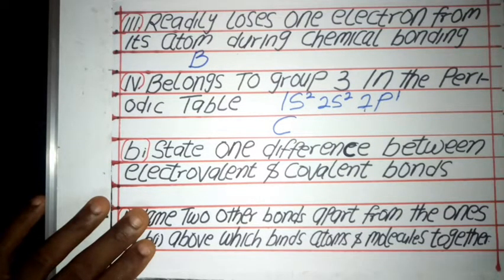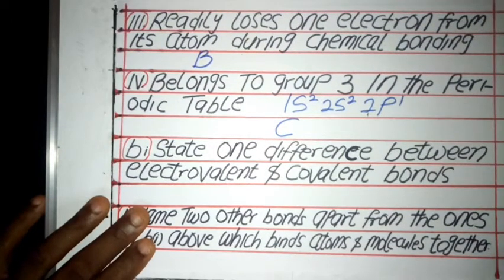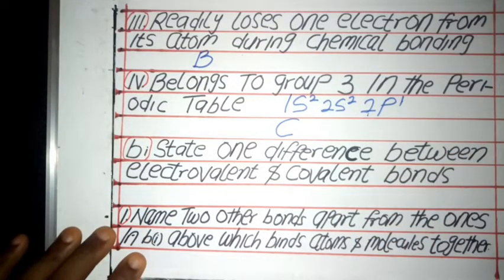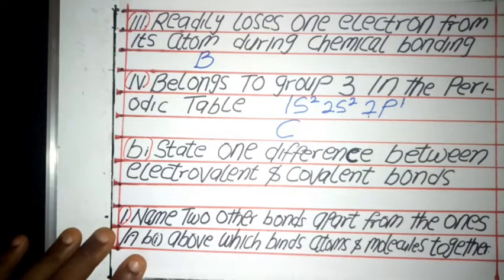That is electrovalent bond. But covalent bonds have to do with sharing of electrons, mainly between non-metals. So that is one of the differences between an electrovalent bond and a covalent bond.